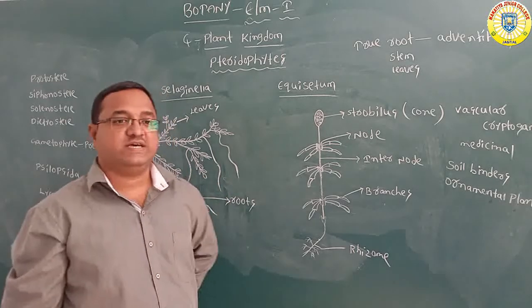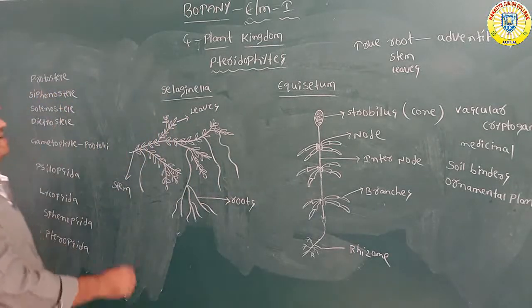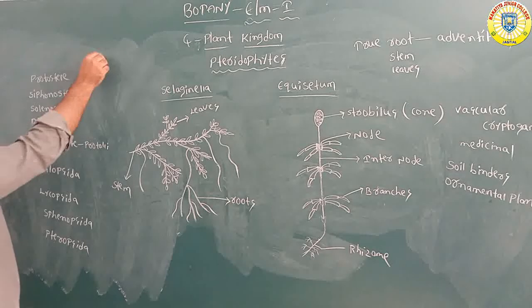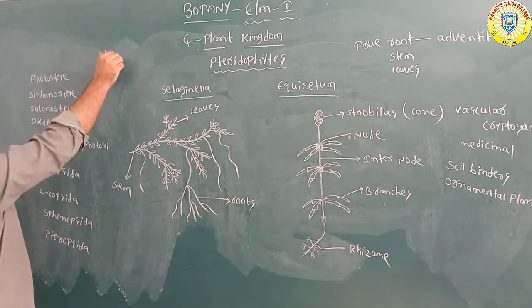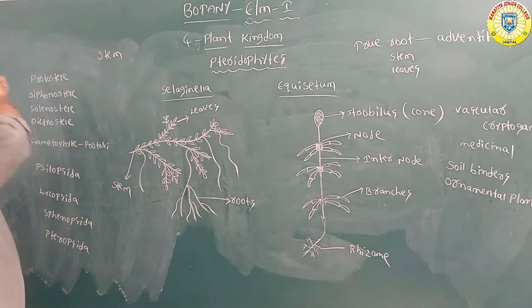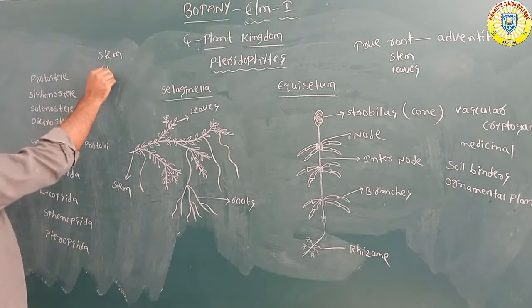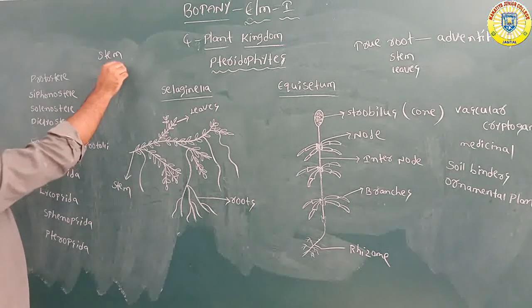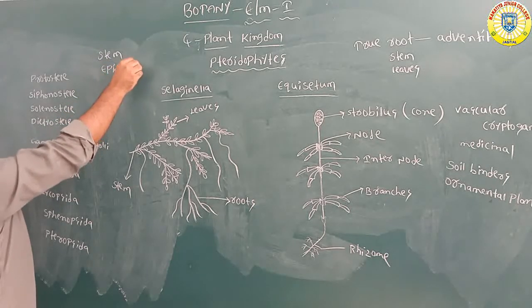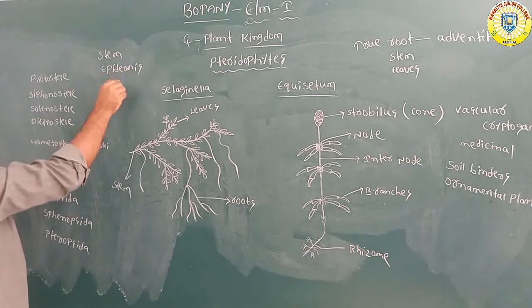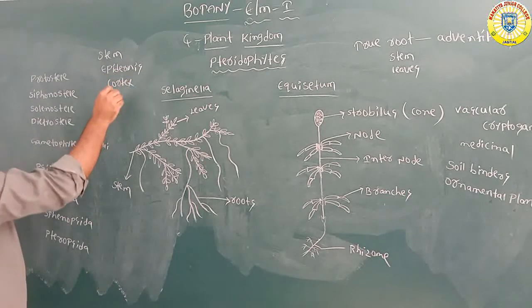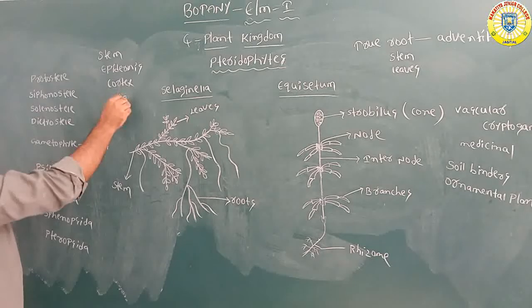If you see the internal structure of the stem, it mainly contains epidermis, cortex, and stele. Stele means vascular bundle.